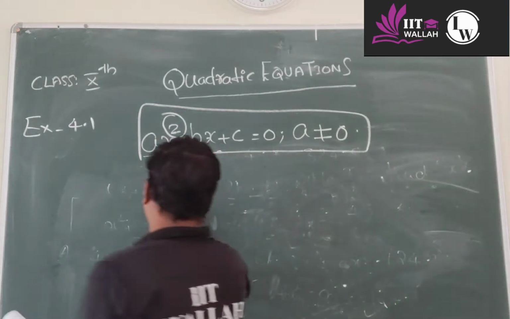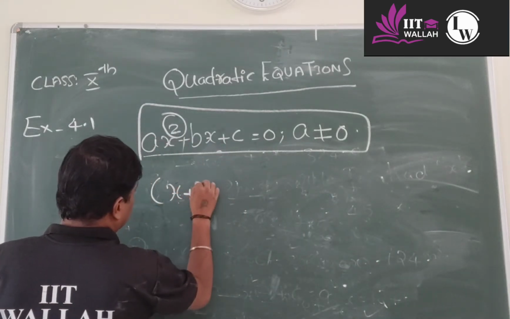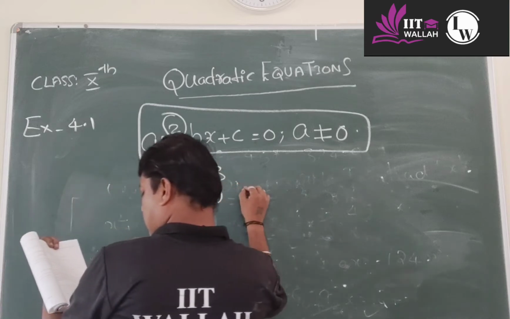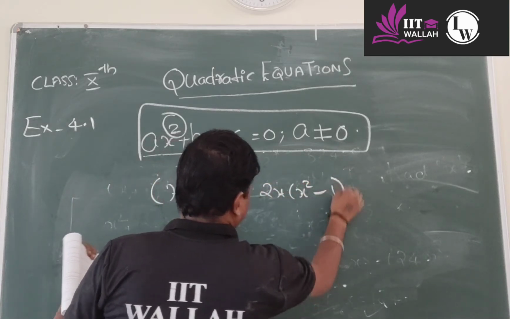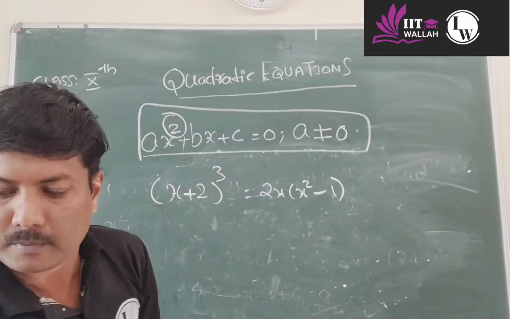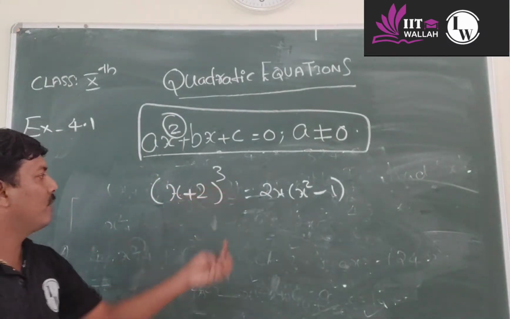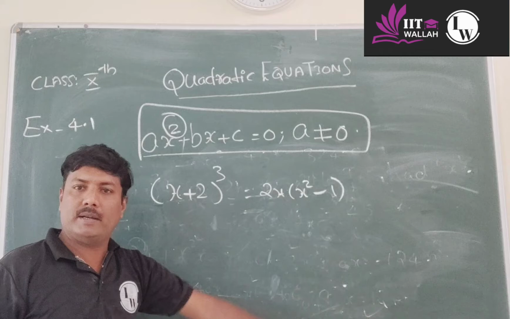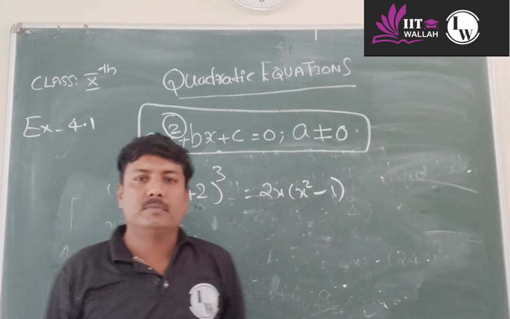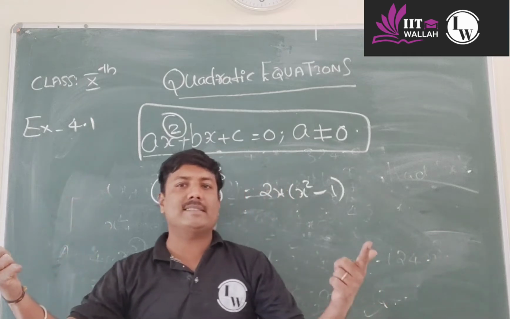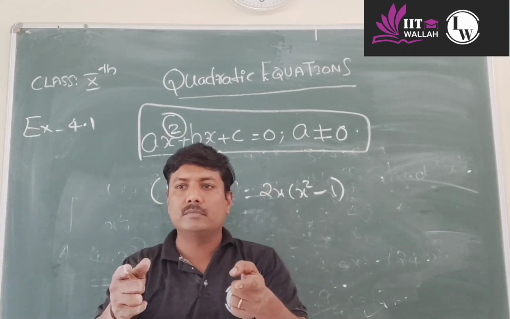X plus 2 whole cube is equal to 2x into x square minus 1. X plus 2 whole cube is equal to 2x into x square minus 1. That means a plus b whole cube. Who can say the answer? What is a plus b whole cube?